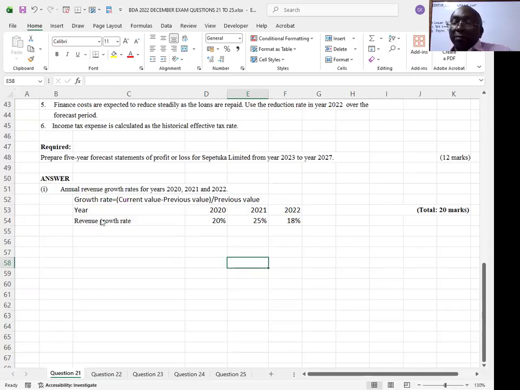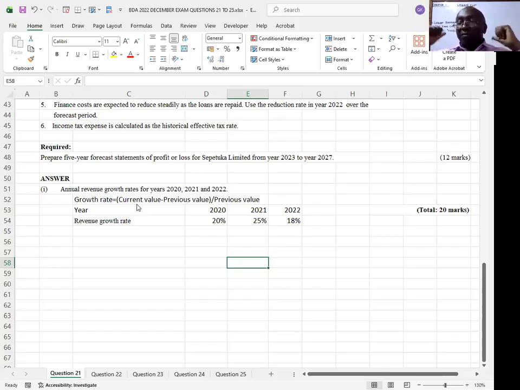Some people use the new old. You can also use t minus 1 or t plus 1. There are many ways. But the key thing is to know that what we are calling new or current is the one that the year has just ended.